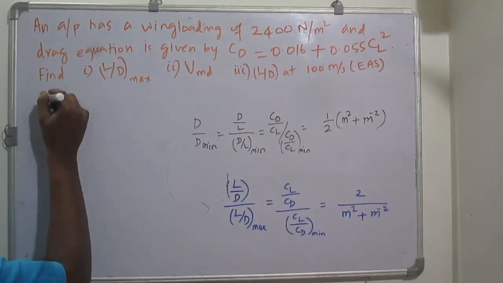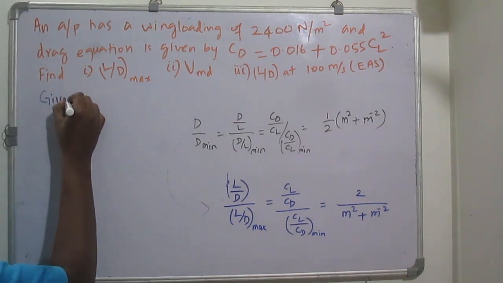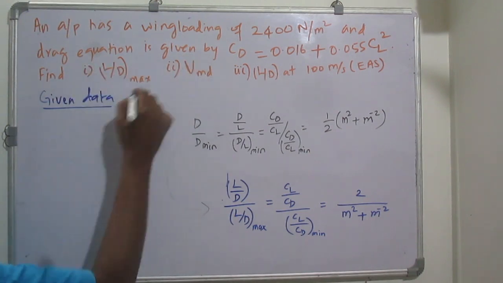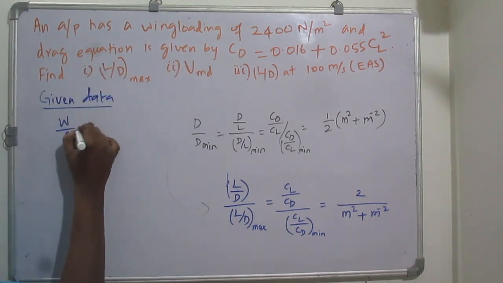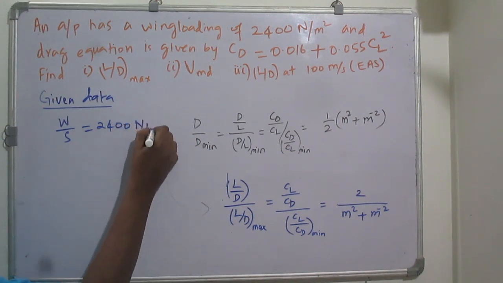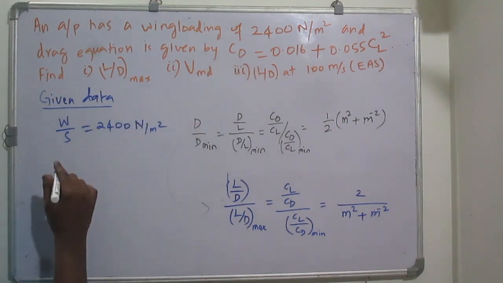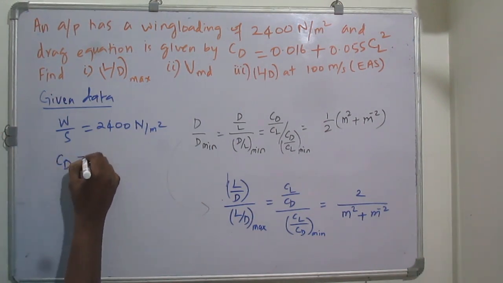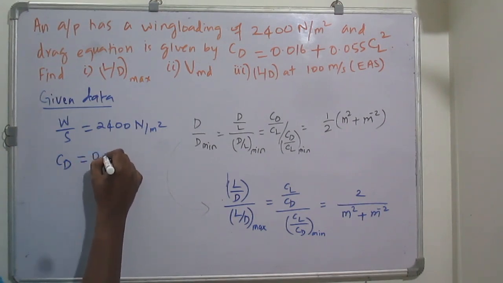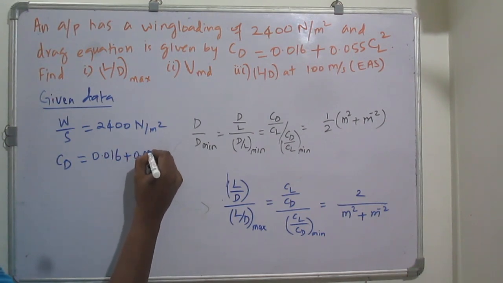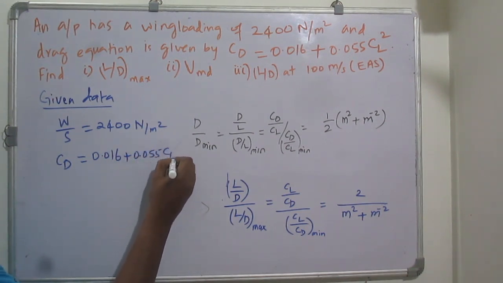So the given data: W by S, the wing loading, equals 2400 Newton per meter square. Then another one, the CD value, which is the drag polar equation: CD equal to 0.016 plus 0.055 CL square.